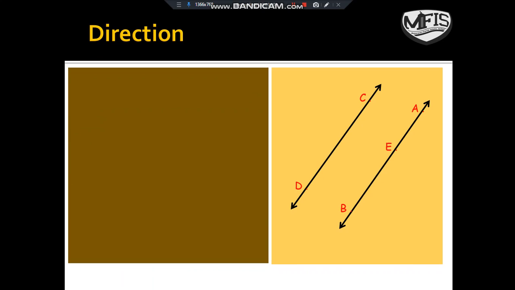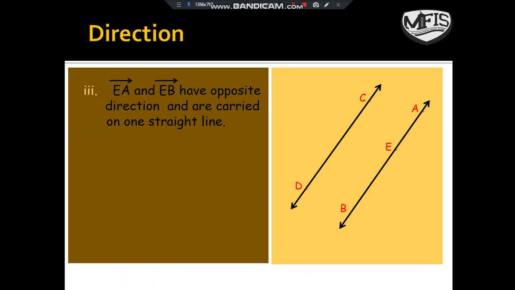Also, EA and EB. EA, I start from E and move to A, so ray EA. Then I start from E and move to B, so EB. So we say that they have opposite directions and are carried on one straight line.